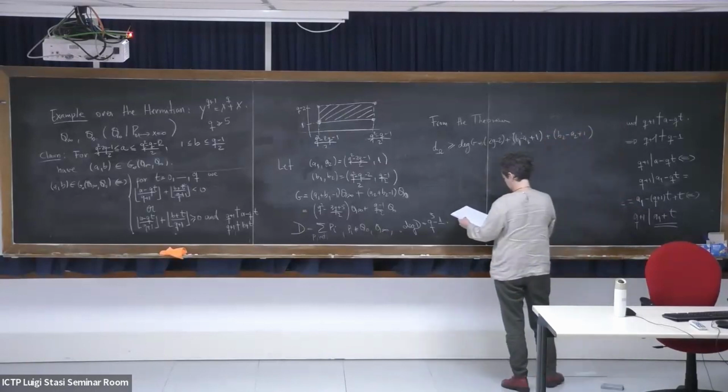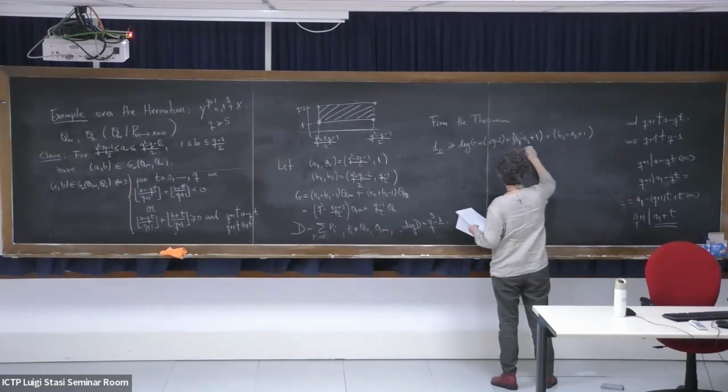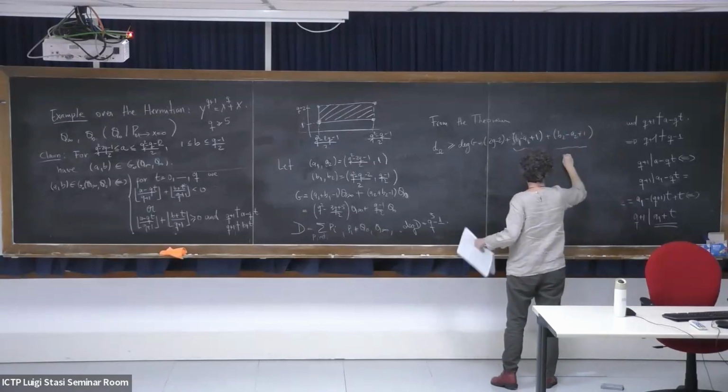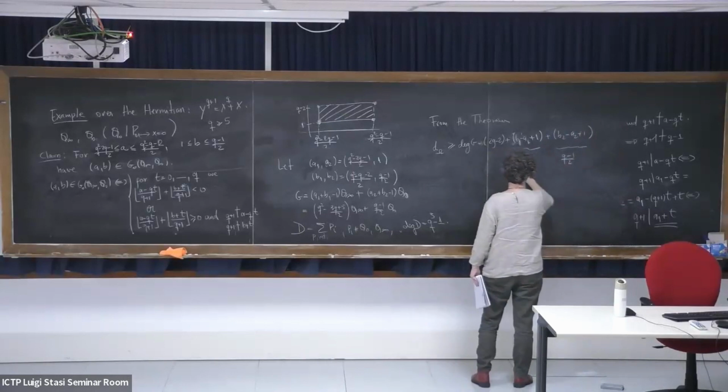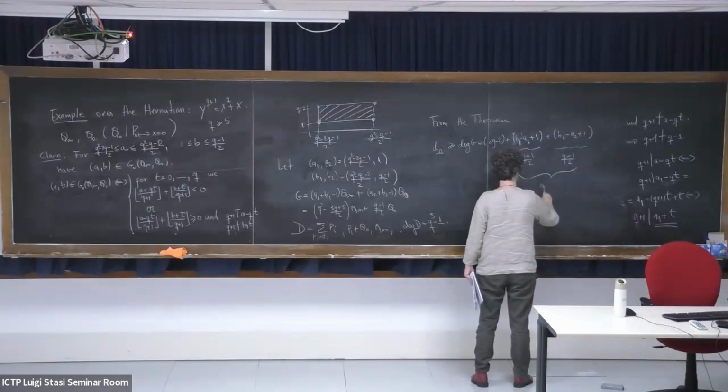Okay, so one of these is just (q plus 1) over 2, and the other one is just (q minus 1) over 2. So when you add, you get q.